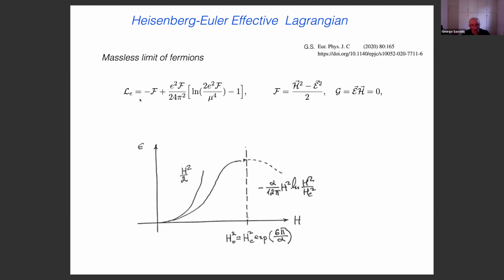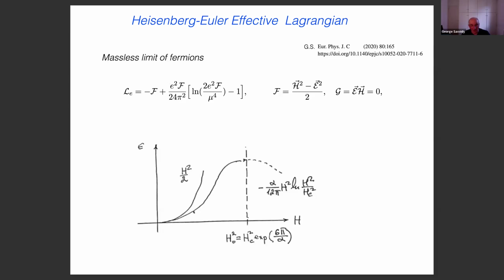Now, in these publications, I was using a renormalization scheme which I developed in '77, and I was able, in the limit of massless electrons or fermions, to exactly integrate the Heisenberg-Euler Lagrangian. And you see that it has again this beautiful logarithmic behavior, but it is with plus. You see, e square over 24 pi square. This plus is what is called the Landau pole.